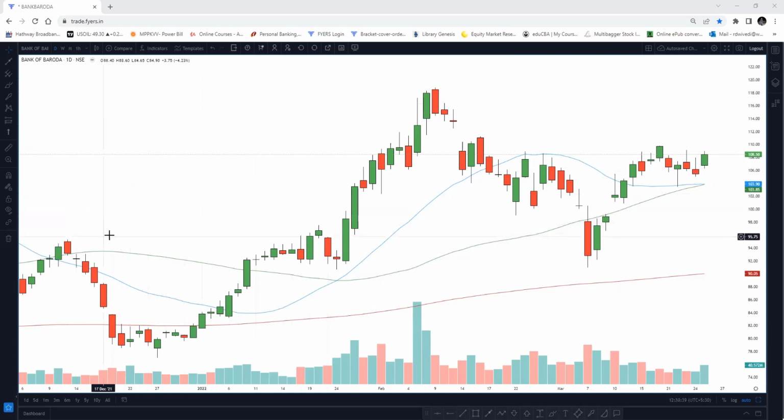So with that, let's just start the analysis. What we do here is we assume that this is the data that we have available on the chart. We don't know what is there to the left, and we start our analysis right from here. We can see that there were a couple of bars which were moving in the same direction, and we have the declining 20 MA and rising to flat 50 MA.